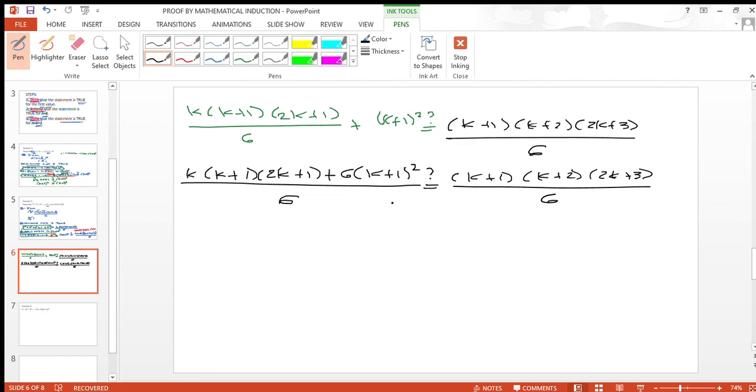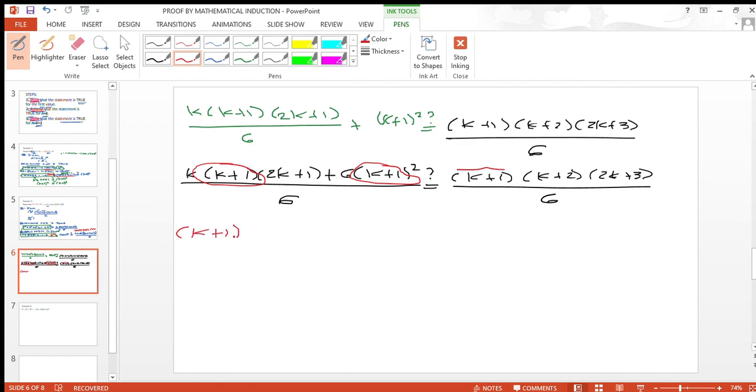So we can imitate what we have for the right side. Look at this. k plus 1 is a common factor, which is also seen here. So why don't we factor out k plus 1?